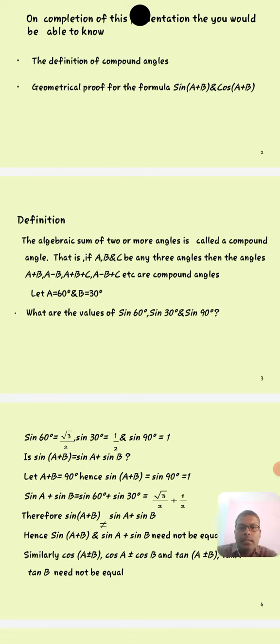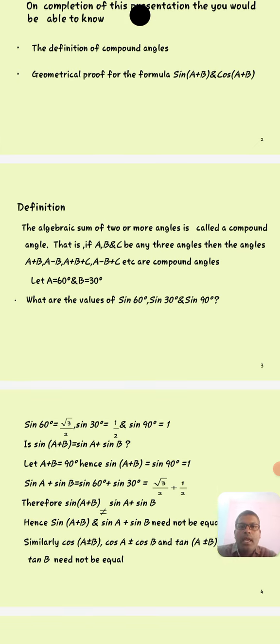That is, if A, B and C are any three angles, then the angles A plus B, A minus B, A plus B plus C, A minus B plus C, etc. are called compound angles. Once again, the algebraic sum of two or more angles is called a compound angle.